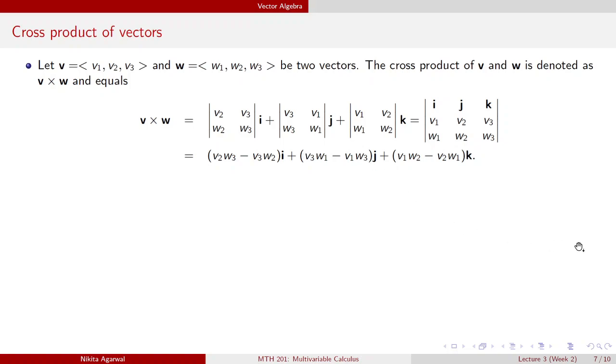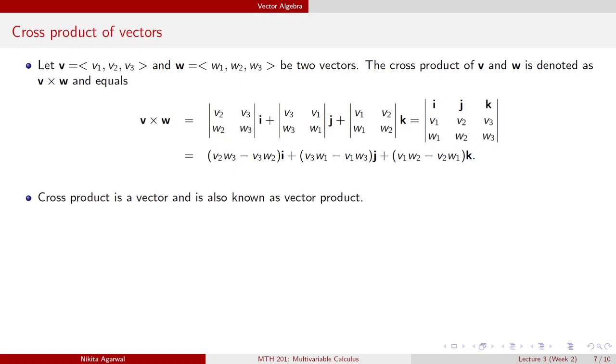Okay. I'll again emphasize that ordering is important. If V comes first, then you write the components of V in the second row. If W comes next, that has to go in the third. Okay. So using the properties of determinants, we can actually infer many things here.